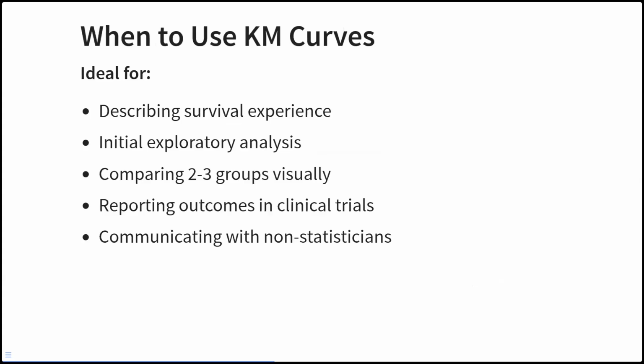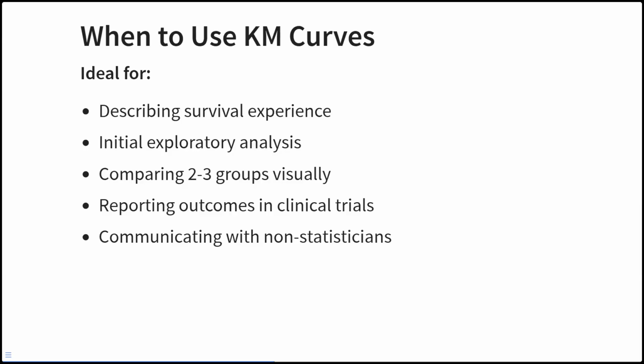But it's usually ideal when you're trying to describe survival experience or conduct initial exploratory analysis, and when comparing two or three groups visually. If you have a factor or a variable with seven groups, it's going to be very difficult to use the Kaplan-Meier curve to understand what is happening between members of those groups. It's also easy to communicate with non-statisticians because they can see the graph.